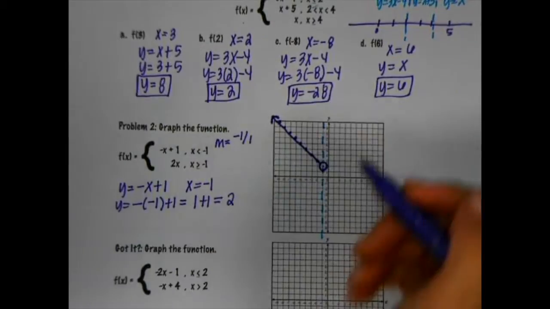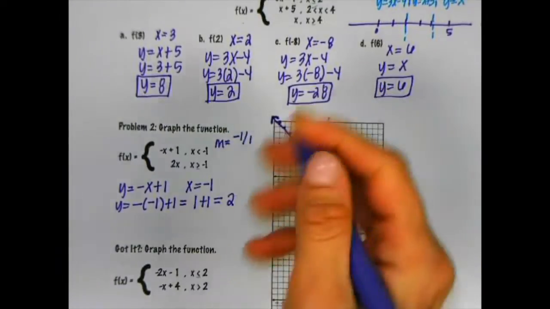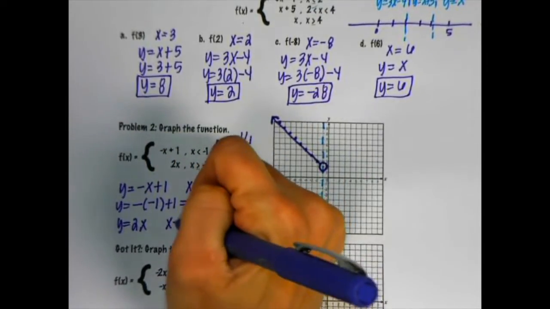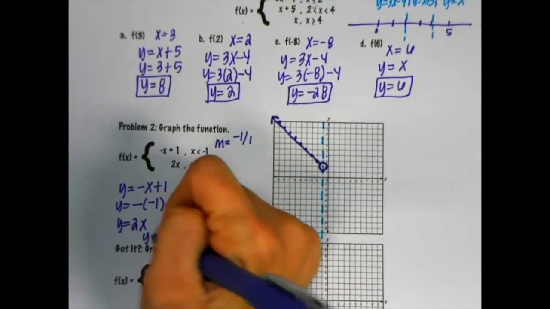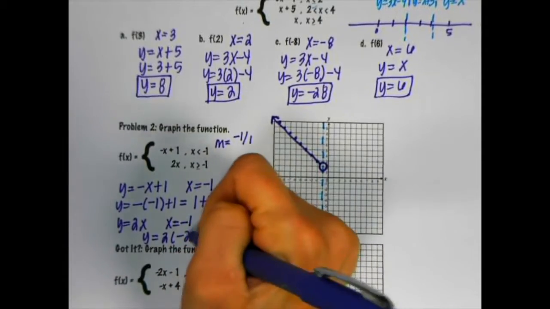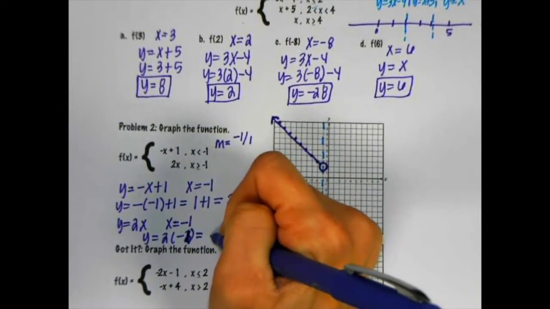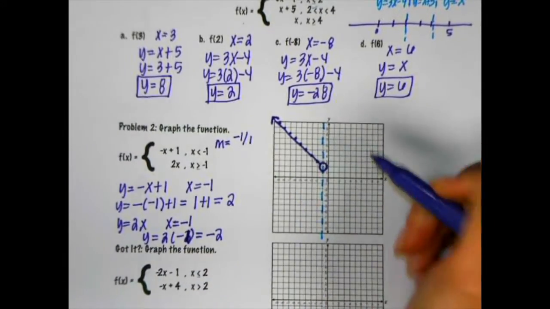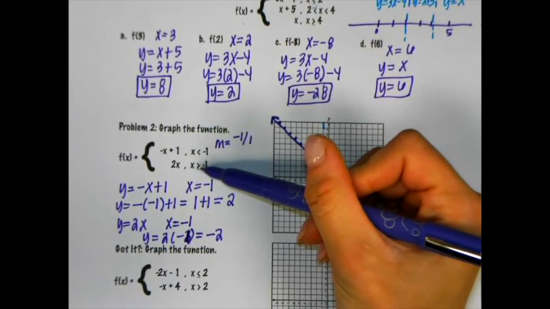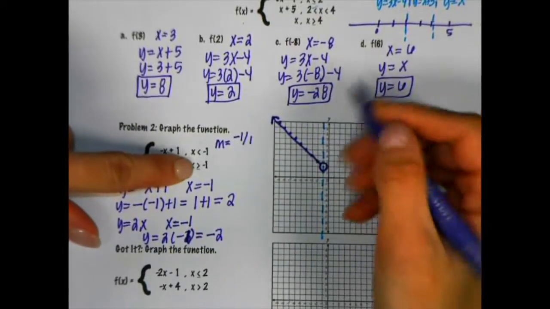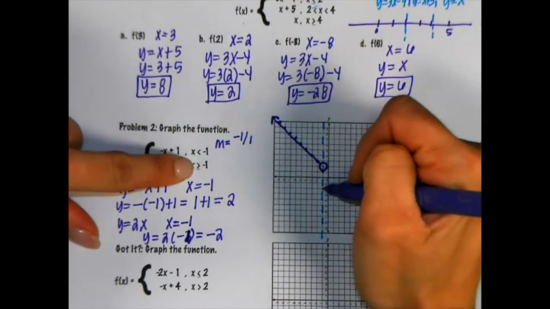Okay. And then this one, y equals 2x, for x equals -1, y equals 2 times -1, which would be what? -2. And is this an open dot or closed dot? Closed, because it has the line. So at -2, you're going to have a closed dot.